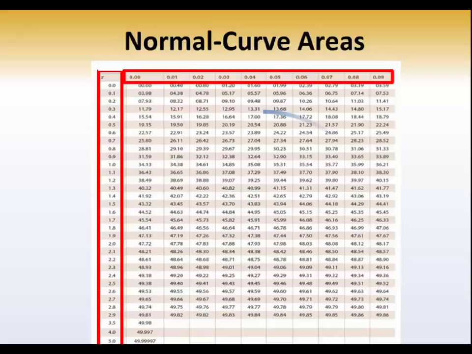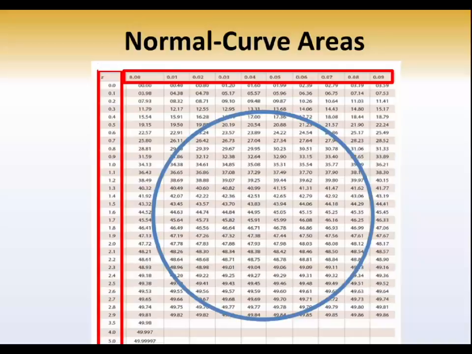The numbers in the body of the table represent percentages. They are the percentages of observations between the mean and any given standard deviation unit away from the mean. For example, if you go out 1 standard deviation above or below the mean, you'll encompass 34.13% of the observations, just like we saw in the previous slide.